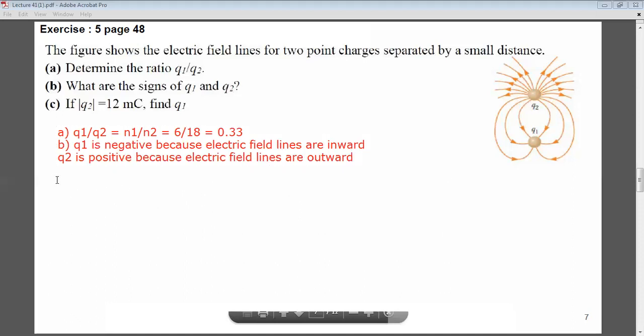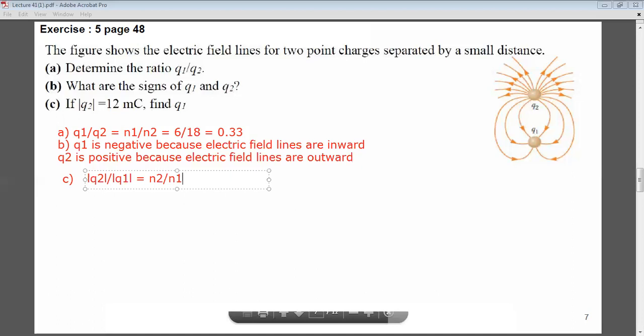Now, part C. If Q2 is equal to 12 millicoulomb, find Q1. Here we can say the absolute value of Q2 divided by the absolute value of Q1 is equal to N2 over N1.